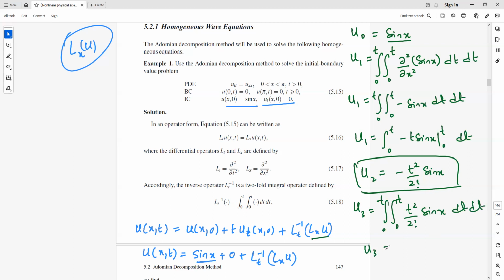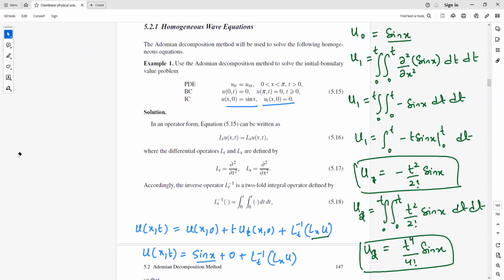Therefore, u3 will be, sorry, this is u1. This will be u2, not u3. So u2 equals t to the power 4 over 4 factorial sine of x. And in a similar manner, we can find u sub 3 and u sub 4 and so on.